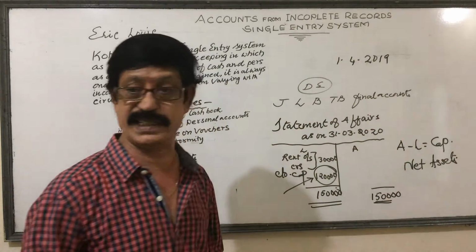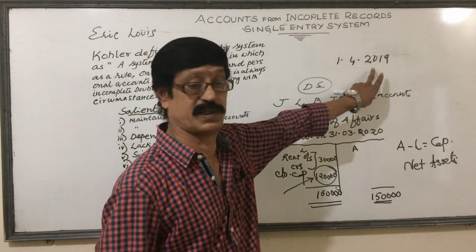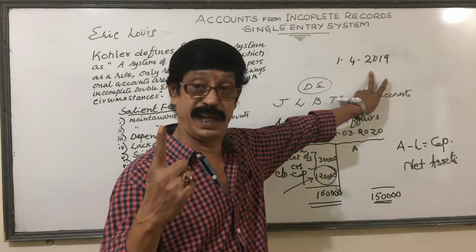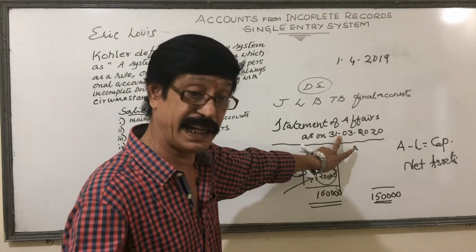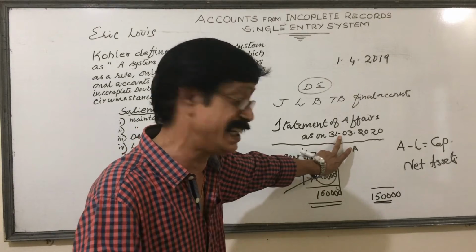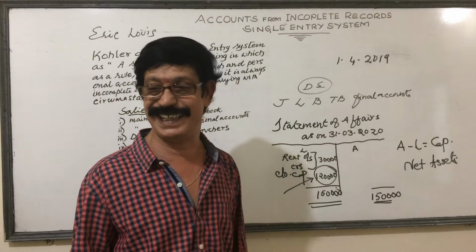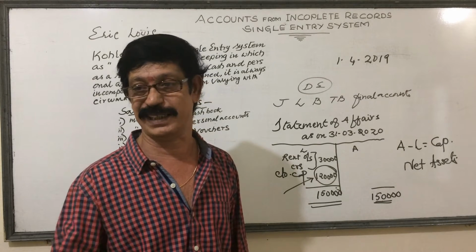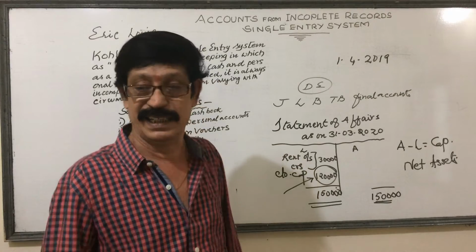Once again, my dear students, in the year beginning, on 1st April 2019, I started with a capital of 1 lakh. At the end of the year, on 31st March 2020, today my capital is 1,20,000. So easily you can say there is a profit of 20,000 by comparing the year beginning capital and year ending capital.